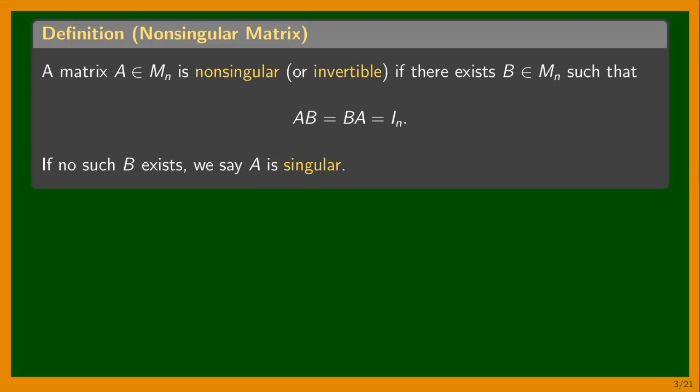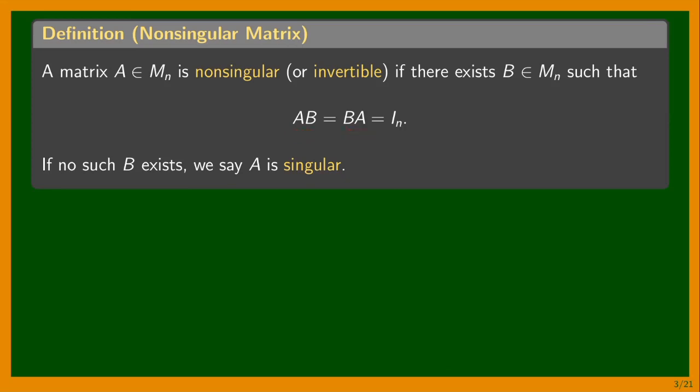We say that a square matrix A is non-singular, otherwise known as invertible, if you can find another matrix B, which is also of the same size, n by n, so that when you multiply A times B or B times A, we get the identity matrix as the matrix product. This is why it is important that A is a square matrix, so that these multiplications can be performed.